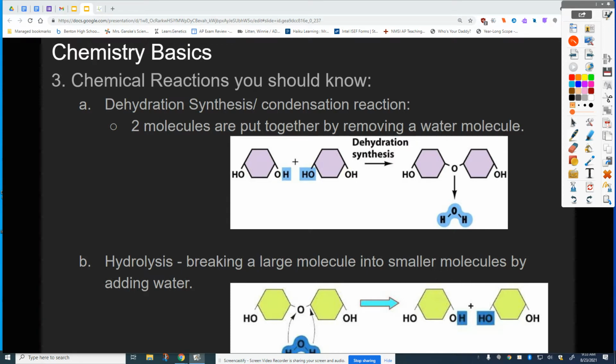Synthesis means to build. What does dehydration mean? If you are suffering from dehydration, you're suffering from lack of water. So we're going to dehydrate something. We're going to remove water, right?